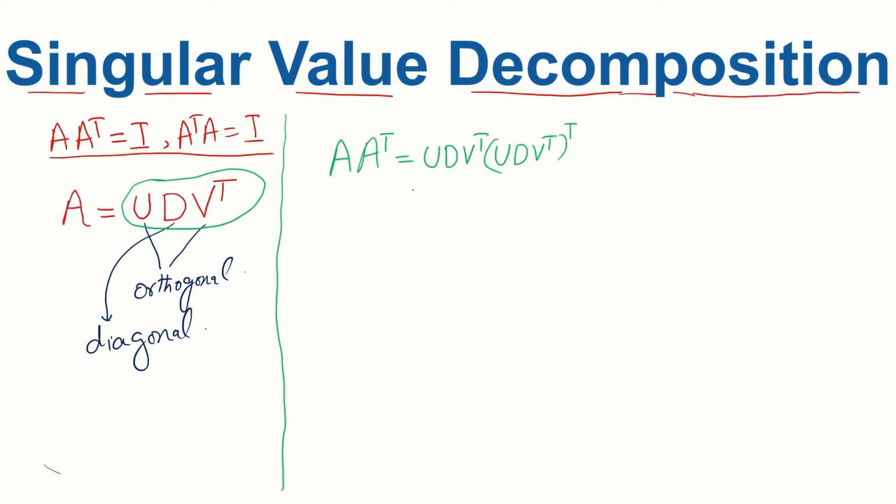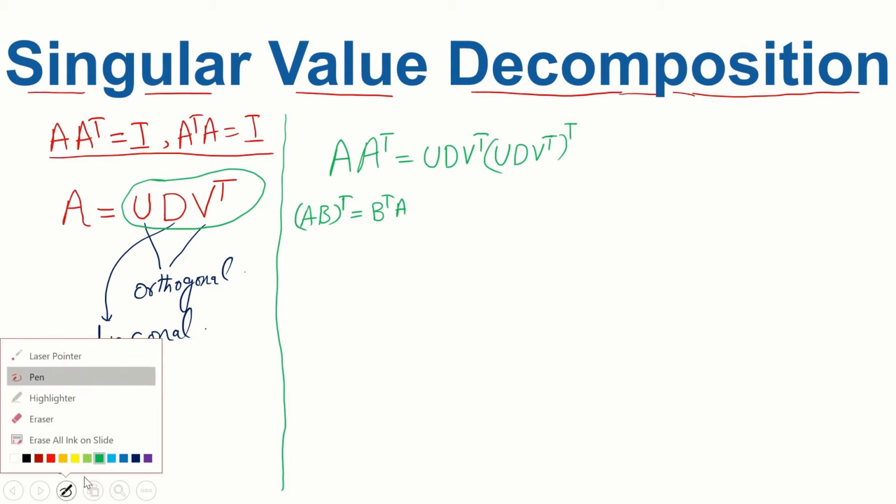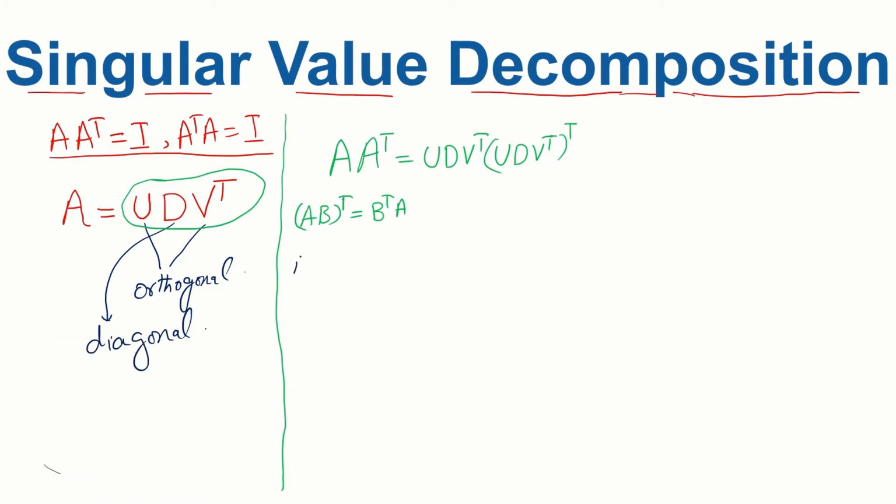Now the transpose of a product, (A B) transpose, as I mentioned earlier as well, is equal to B transpose A transpose. So if I apply this transpose on this product, the order will reverse, and this A transpose will become U D V transpose, V transpose transpose, D transpose, and U transpose.